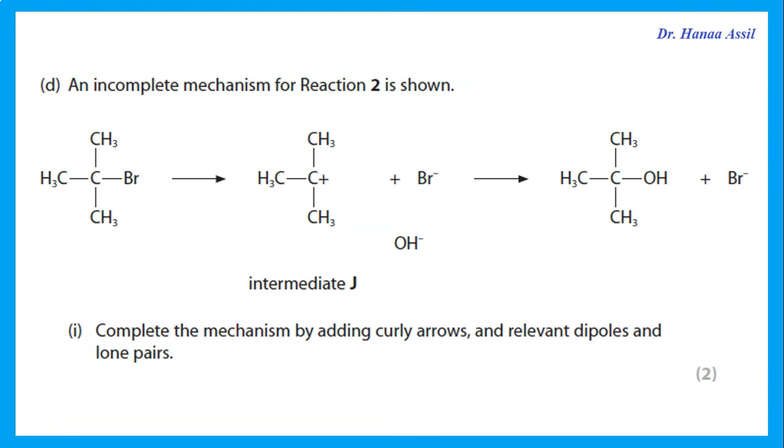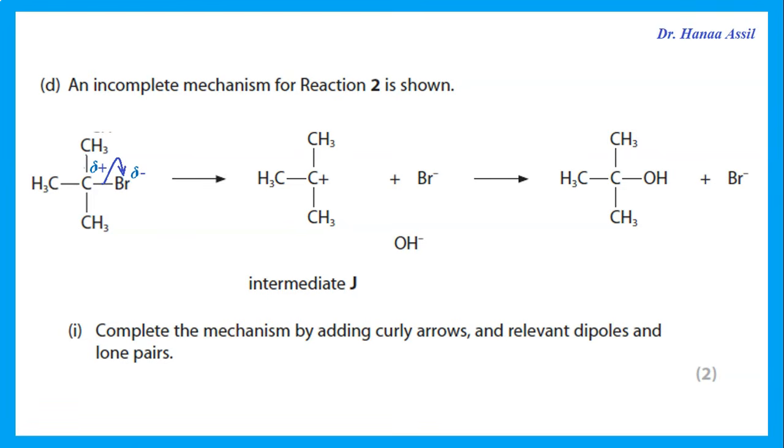An incomplete mechanism for reaction 2 is shown. Complete the mechanism by adding curly arrows, relevant dipoles, and lone pairs. So, for the intermediate, what is happening? We have the C and the Br bond, so we have dipoles. The Br is slightly negative, the carbon is slightly positive. So the 2 electrons in the bond are given to the Br.